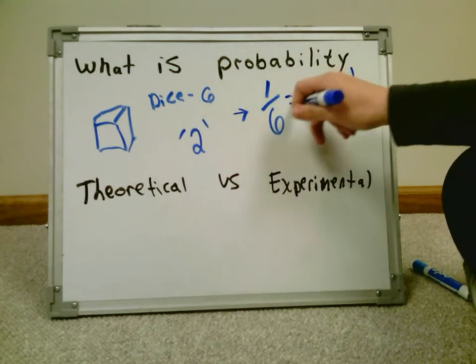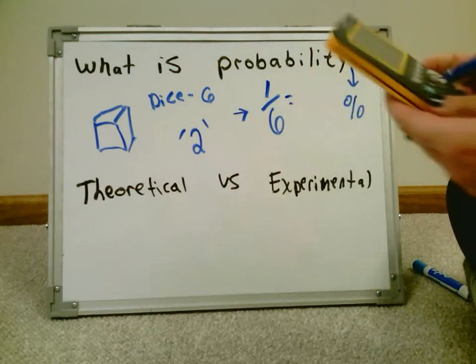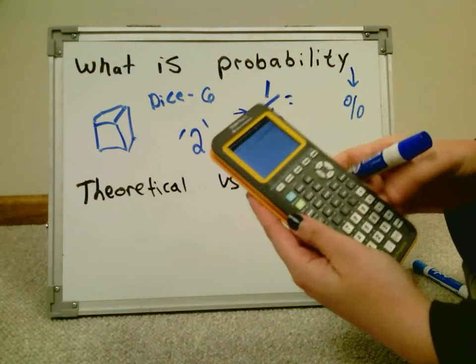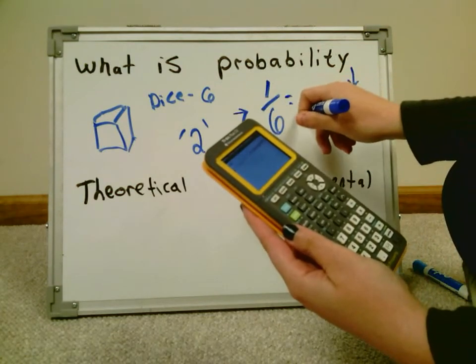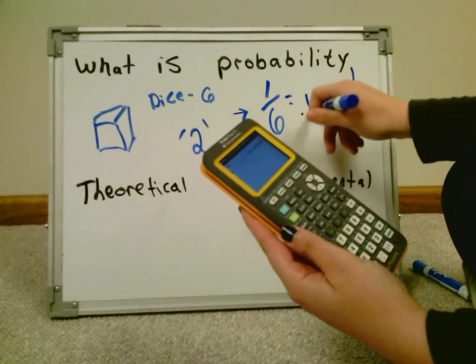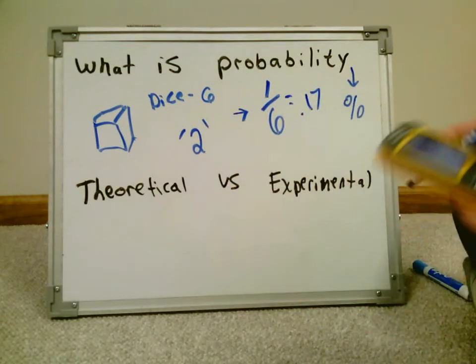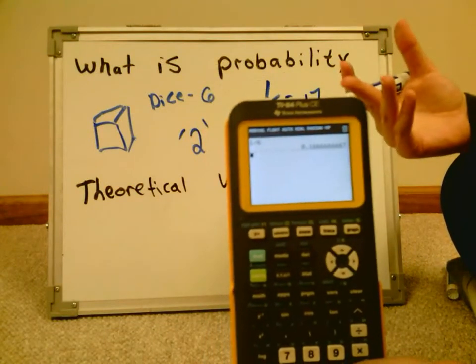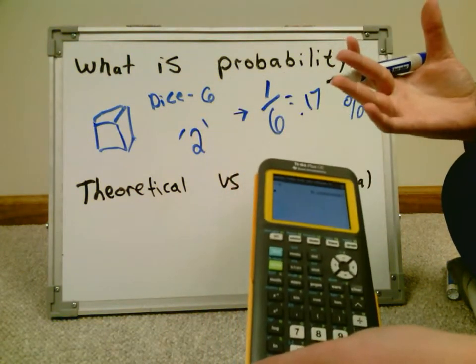Okay? So if I go ahead and calculate that, and again, keep in mind 1 divided by 6, that gives me approximately, I'm going to round a little bit, 0.17. Now that is a decimal, right? So how do we convert a decimal to a percentage?